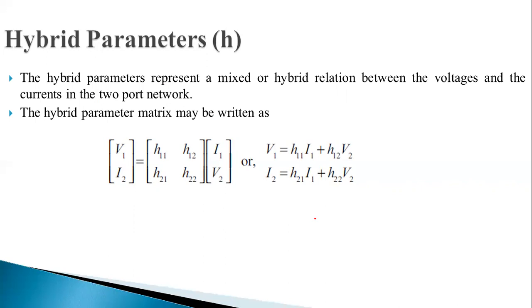So we can write the equation V1 equal to H11 I1 plus H12 V2. Similarly, I2 equal to H21 I1 plus H22 V2. So these are the various parameters, and we can rewrite them in terms of the matrix as well.